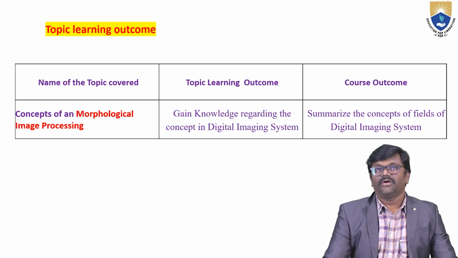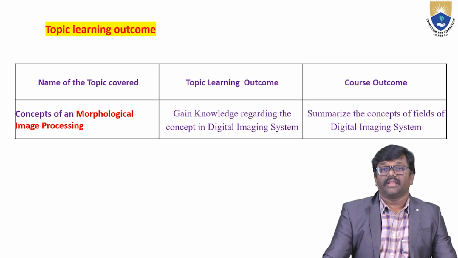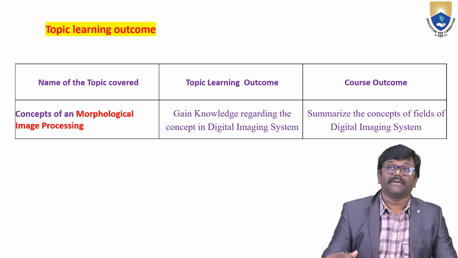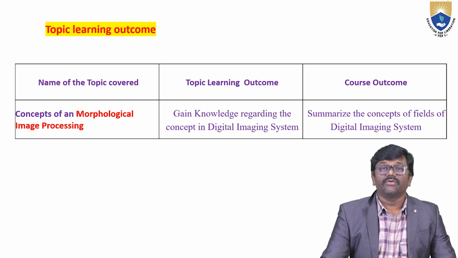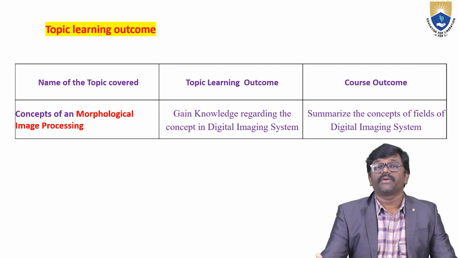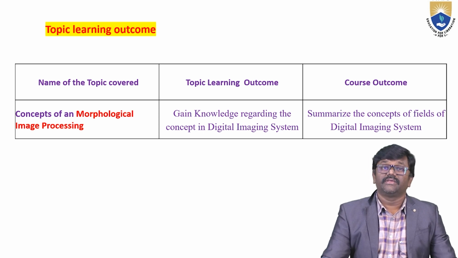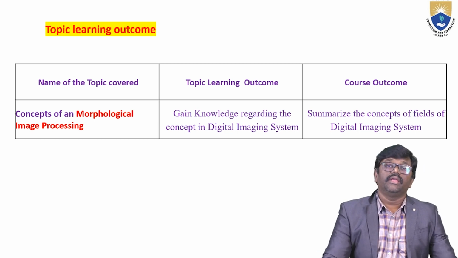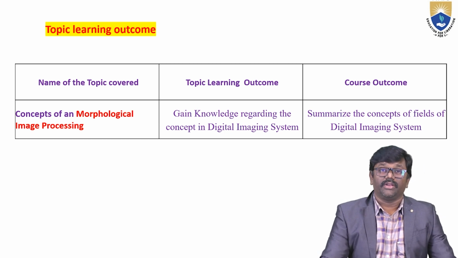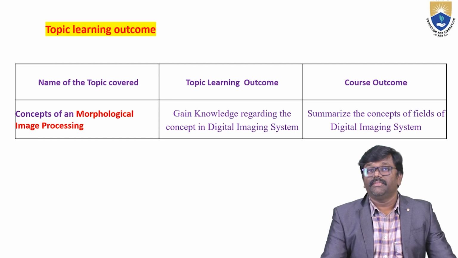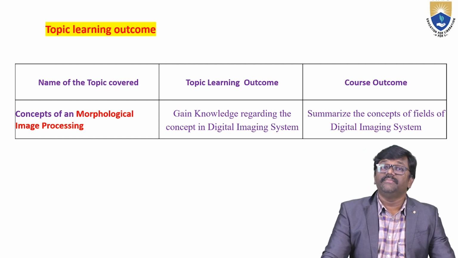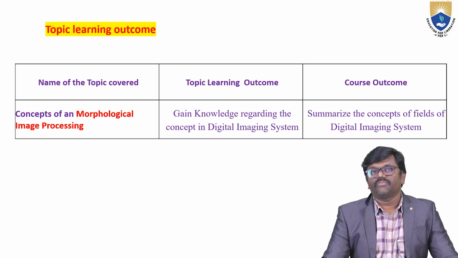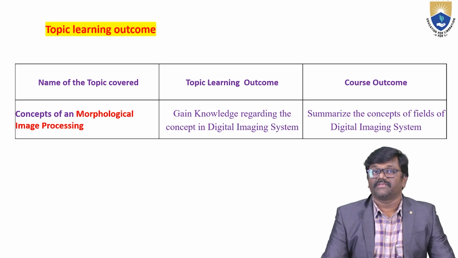We want to summarize such gained knowledge as the topic learning outcome, in terms of the concepts we have elaborately delivered, for system development. What is that system? A digital image processing system, a digital imaging system. That is what we want to understand from this slide.